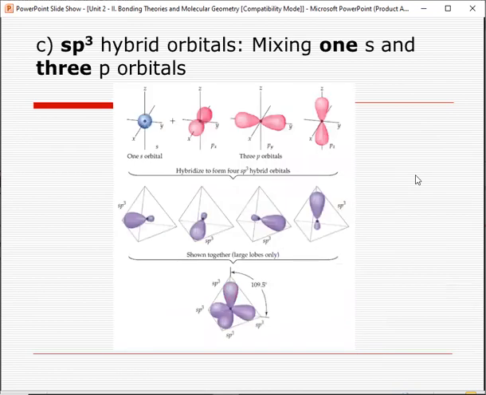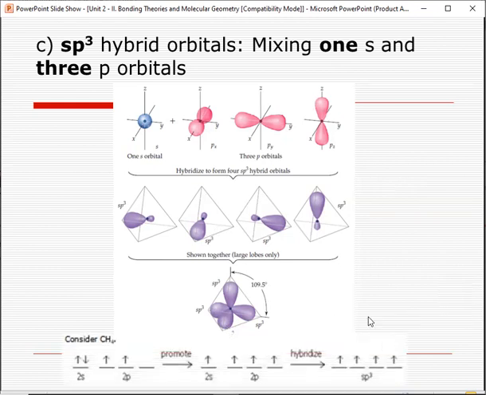For sp3 hybrid orbitals, it is the mixing of one s and three p orbitals. It looks like this. When shown together, only the large lobes can be seen. An example is CH4. We know that the valence electrons of carbon is 4.